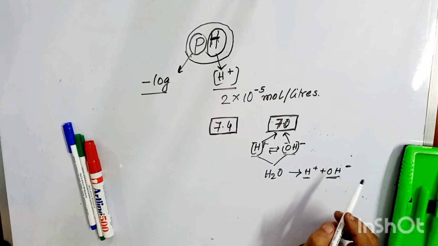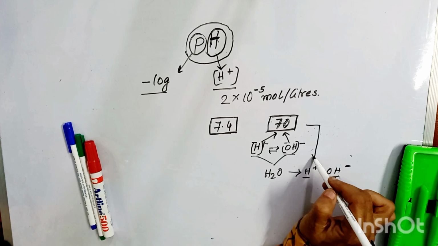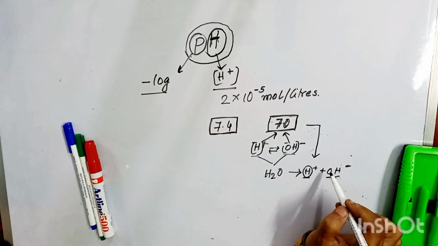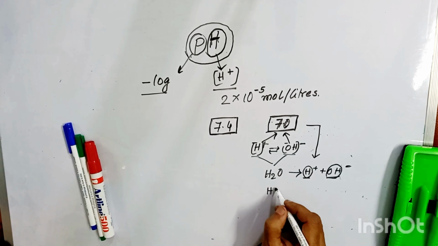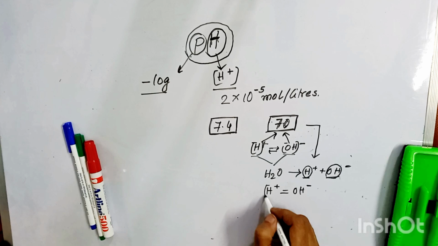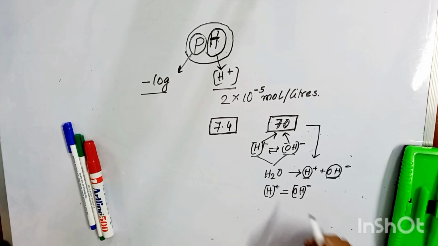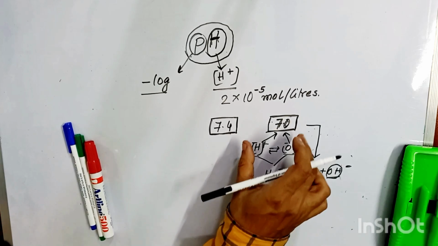The number of hydrogen ions equals the number of hydroxyl ions, and we say that this solution is neutral, and the pH of a neutral solution is 7.